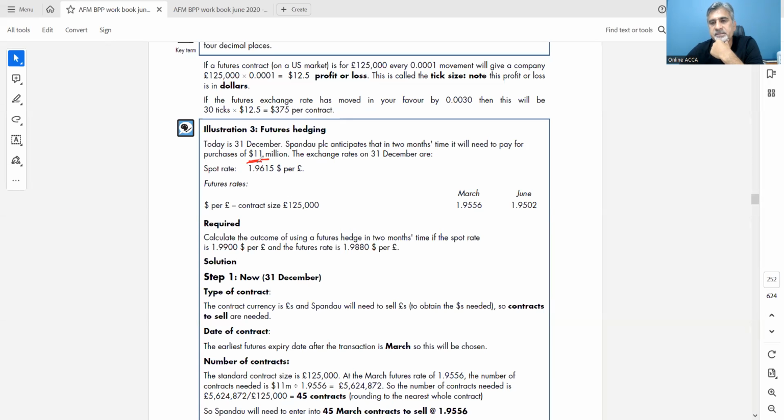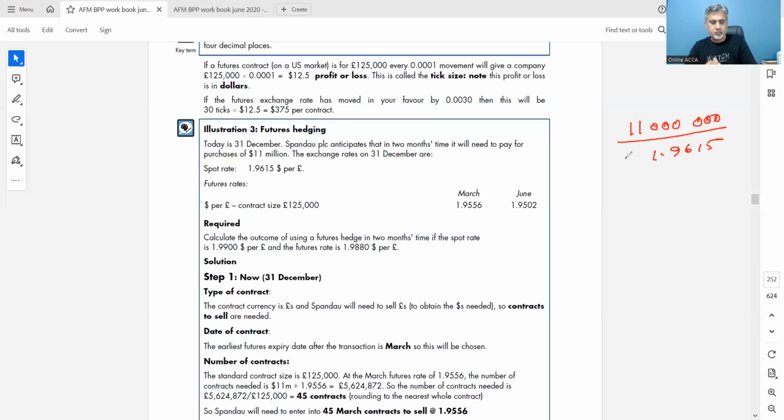$11 million. Just before we do any calculation, many times because we do not play with the scenario, we don't understand it. Let's suppose, what is happening? If I go to market today, I have to buy $11 million. And at today's price, it is 1.9615.